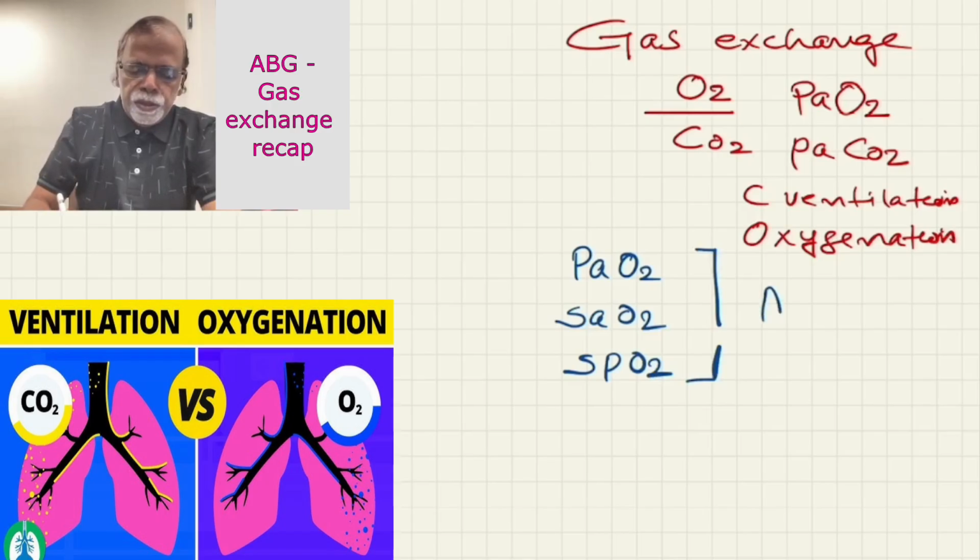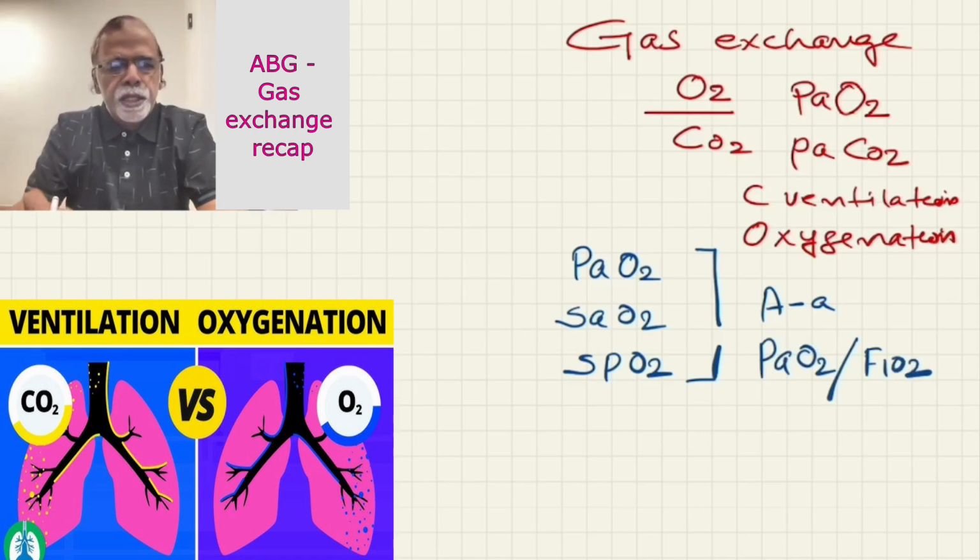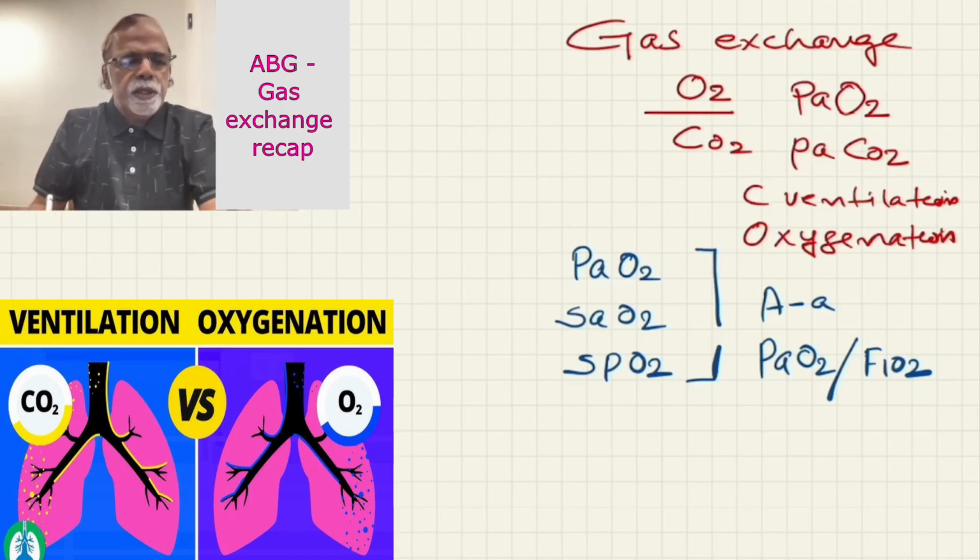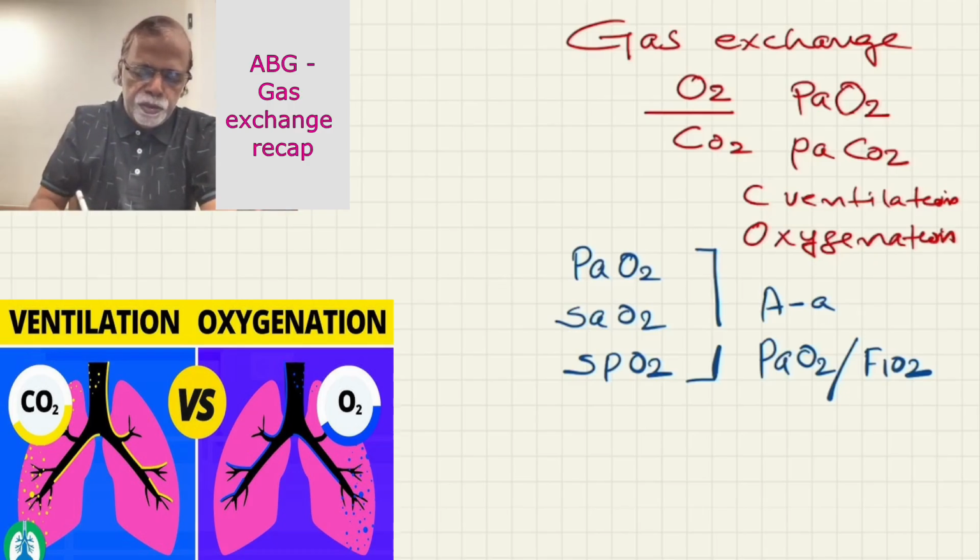We have also discussed the AA gradient, that is the alveolar-arterial oxygen gradient, and one more thing you should look for is the PaO₂ divided by FiO₂. What is this? That is the partial pressure of oxygen in the blood divided by the fraction of inspired oxygen. This is mainly for the identification of ARDS. It will come in the Berlin criteria. We should also remember the alveolar gas equation for determining the PaO₂.